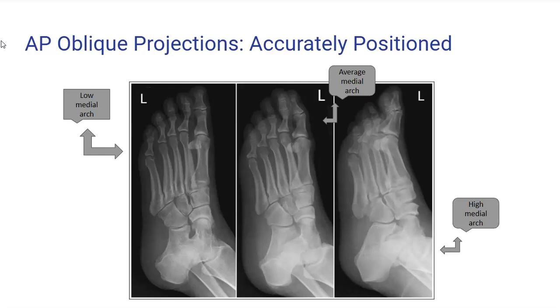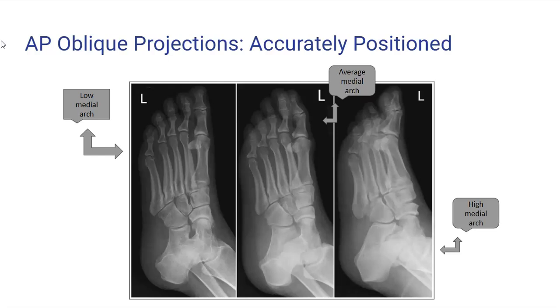If it was less than 10 degrees, that should indicate to you that you had a low arch. Therefore, the foot should only be positioned for the medial projection at 30 degrees of obliquity for the AP oblique foot projection.